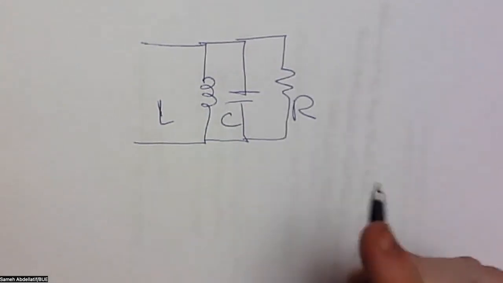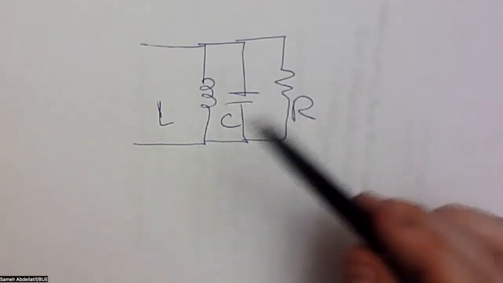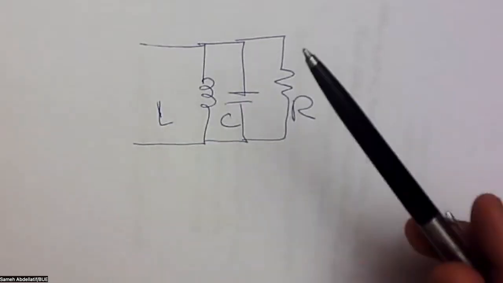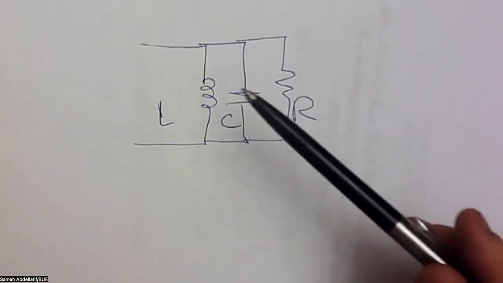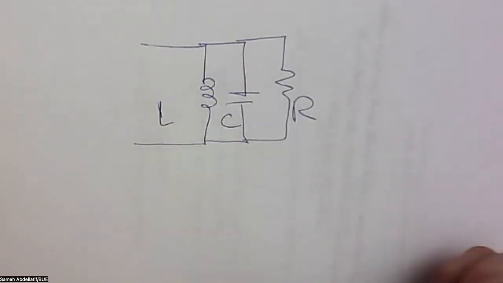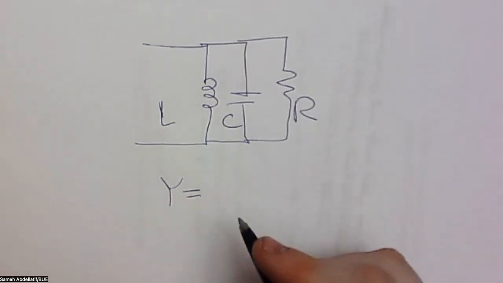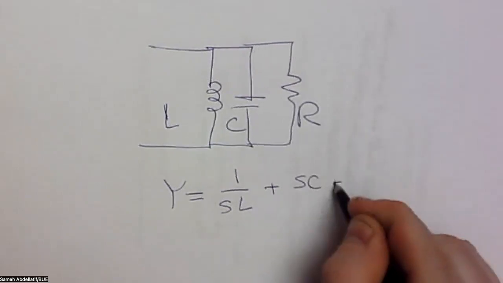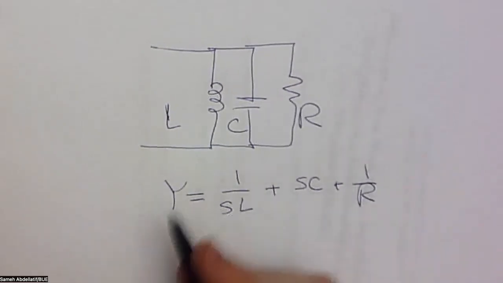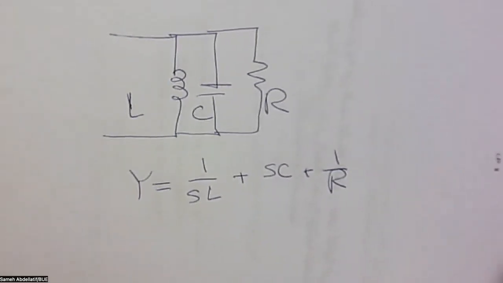Okay. So if we go to the frequency analysis of this filter, my dear students, you will recognize that the frequency analysis for this filter is very straightforward. I think if you already used to listen to my classes in electronics 3, for example, you will remember that when we have this parallel combination, usually we go to the admittance Y, and we say that the admittance Y is simply 1 over SL plus SC plus 1 over R. So you can simply use this admittance to get the overall equivalent impedance of this circuit.